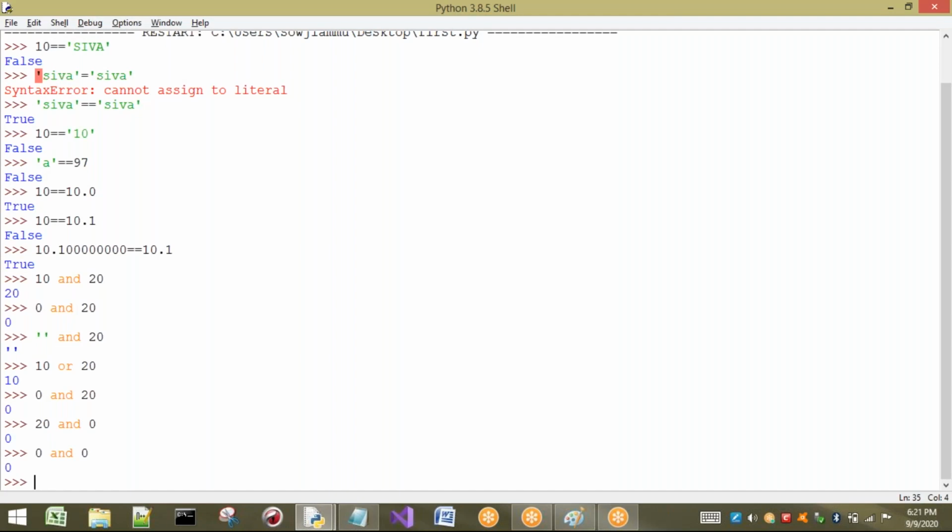What happened? If x evaluates to true, then it returns x. Otherwise it returns y.